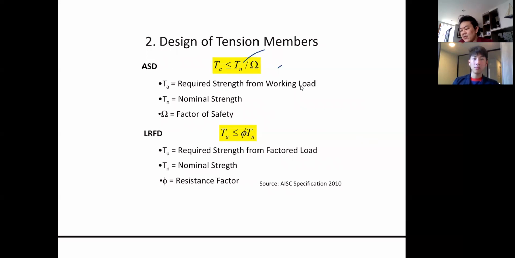Then you reduce that to design strength by dividing by a factor of safety, if it's ASD, or you multiply by the reduction factor if it's LRFD, to get the design strength. So N is nominal, and this is the design. I'll try to stick with ASD because that's what the Thailand Building Act has for the demand side, or the load side.